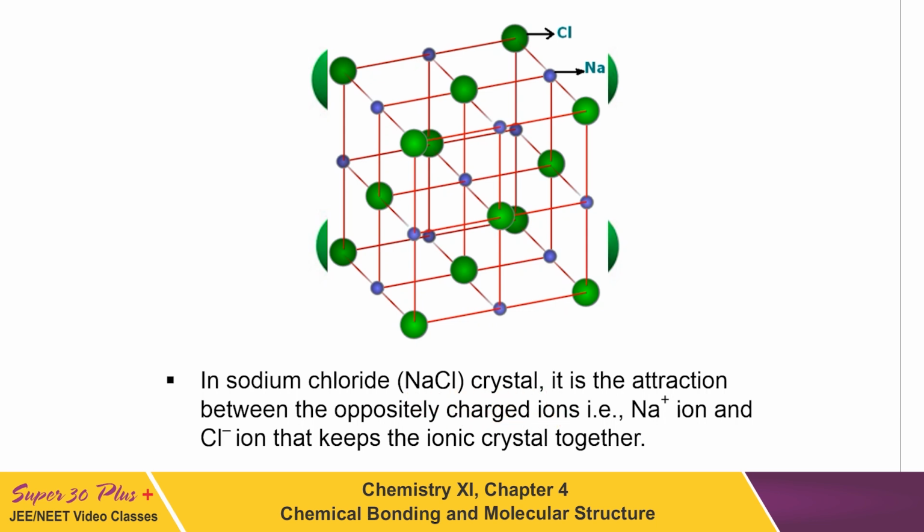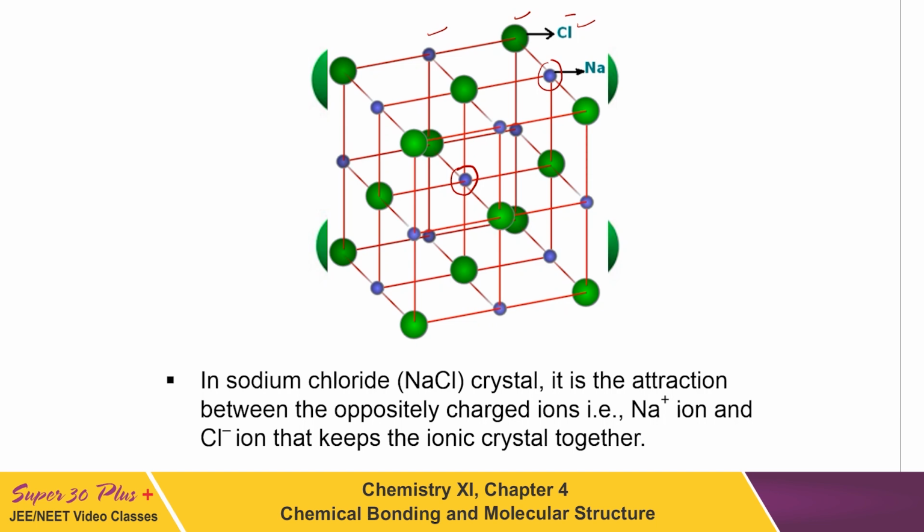Here, these green colored atoms represent the chloride ion, Cl minus, and these small violet colored atoms, which are placed at the center of the edge of each unit cell and also at the body center of the unit cell, represent sodium.